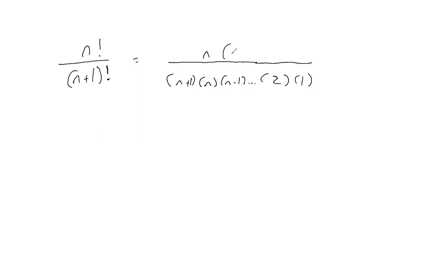That's n times n minus 1, n minus 2, and so on, again, down to 1. Now, there's a lot of cancellation we can do in this fraction. In fact, we see that the numerator and the denominator are pretty much the exact same, except the denominator has this one extra term. So all these terms cancel. This n cancels, this n minus 1 cancels, so on. Everything should cancel, except this n plus 1 here. So our simplified fraction would be 1 over n plus 1.